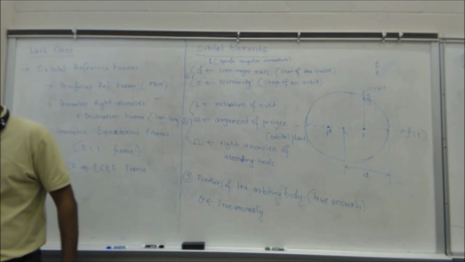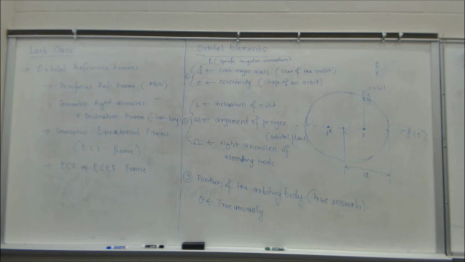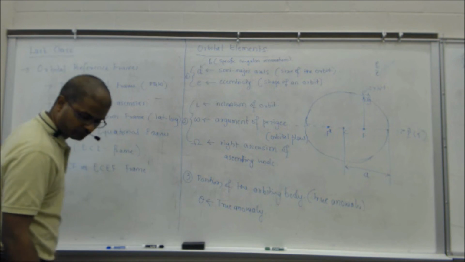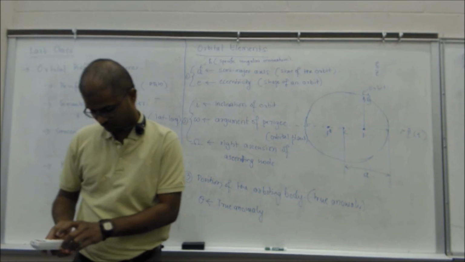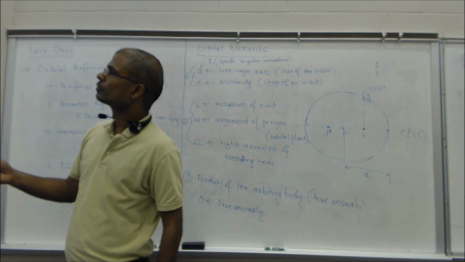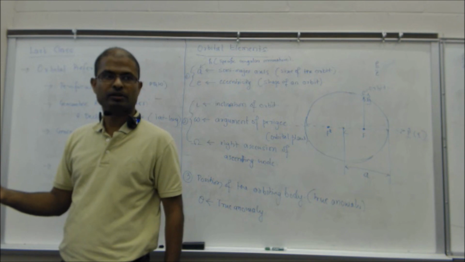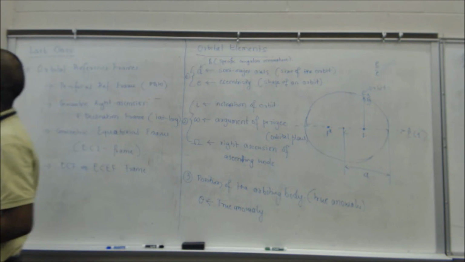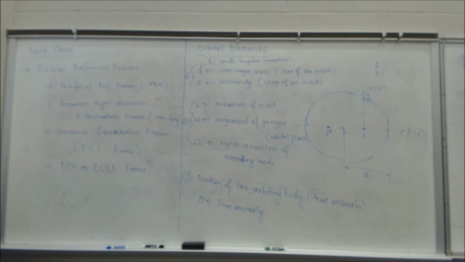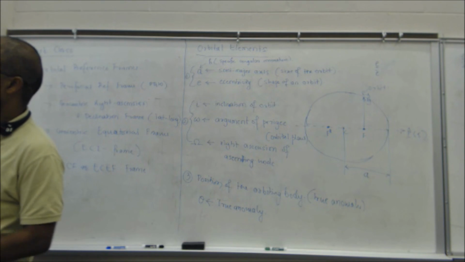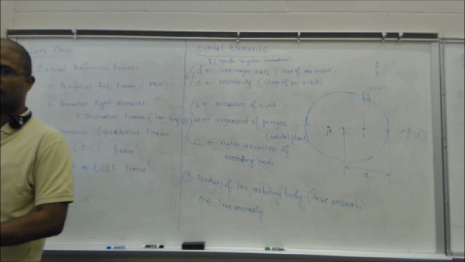What you need to do is Google for orbital elements, and one of the first links which appears is Orbital Elements, NASA Human Spaceflight, spaceflight.nasa.gov. If you just do this, it will take you to this, and you can look at many other representations of the orbital elements.